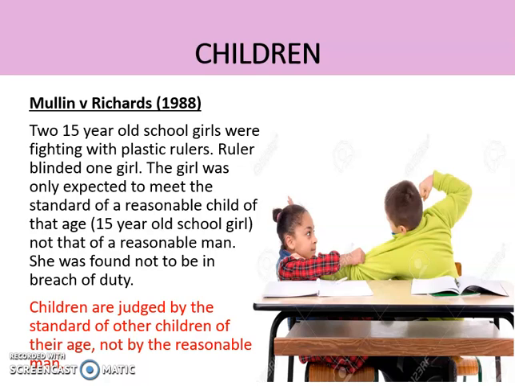And the court decided in this case that a child is not expected to meet the standard of a reasonable adult, but will be judged by the standard of a reasonable child of that age. And that seems like a fair rule to have. It would be unfair to expect children to exercise the same degree of care as a more experienced adult. So we judge them by other children of their age.